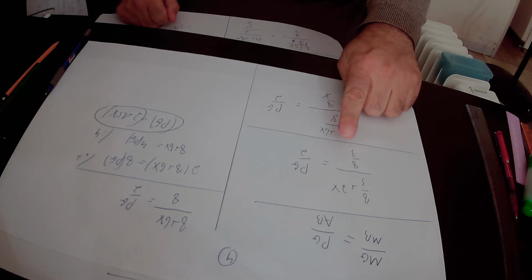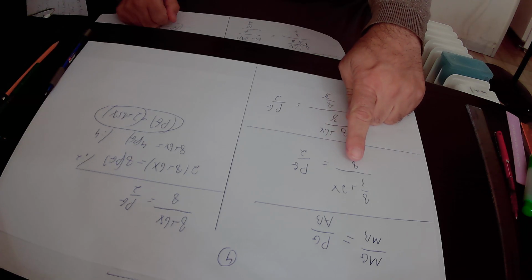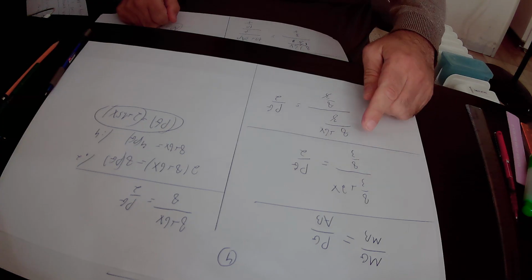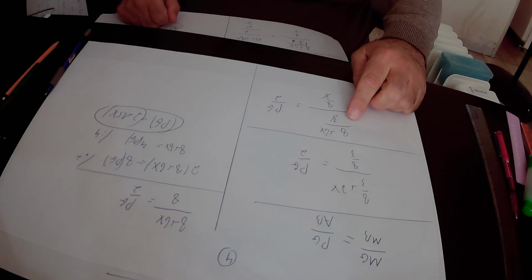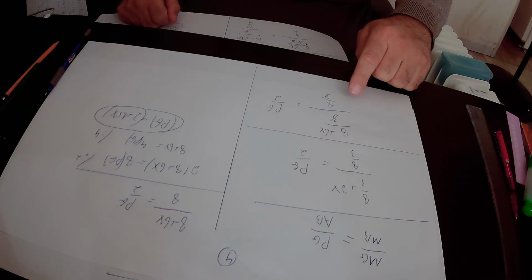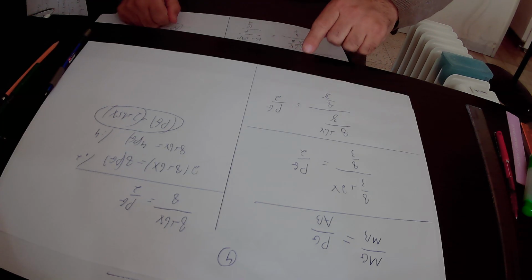Then we multiply 2x by 3 and divide it by 3 in order to have a common factor of 8 over 3. So here we have 8 plus 2x times 3, which is 6x, over 3, over 8 over 3, equals PG over 2.